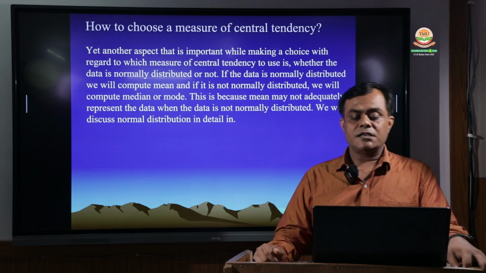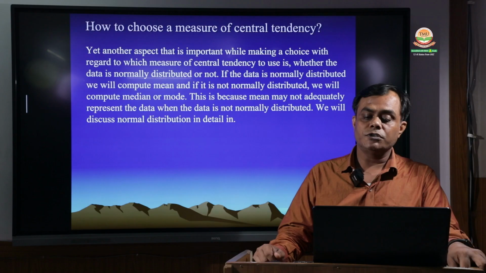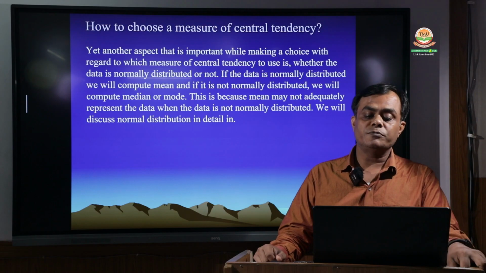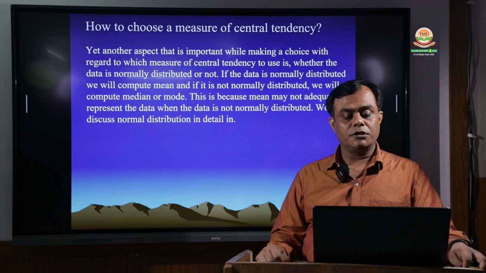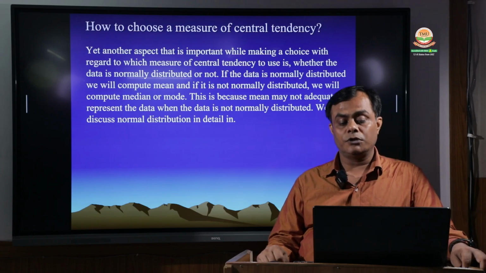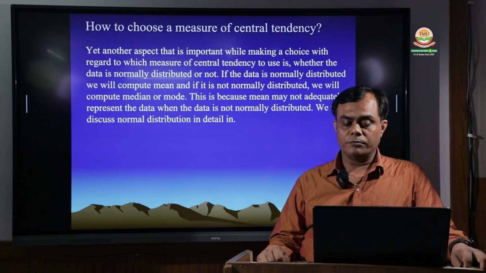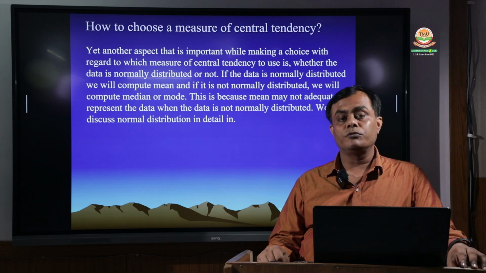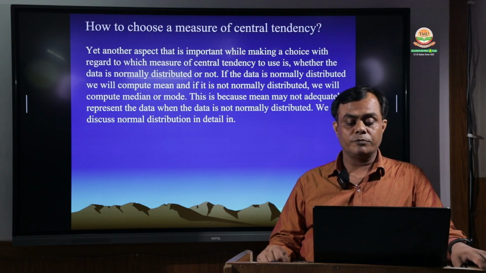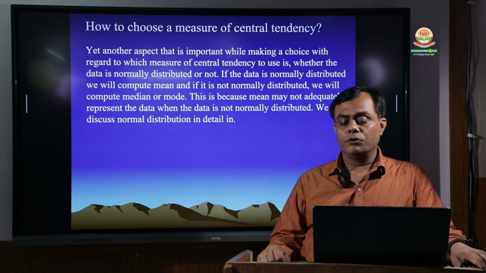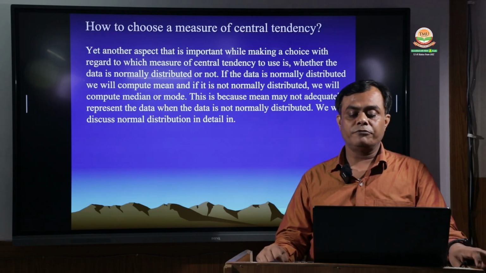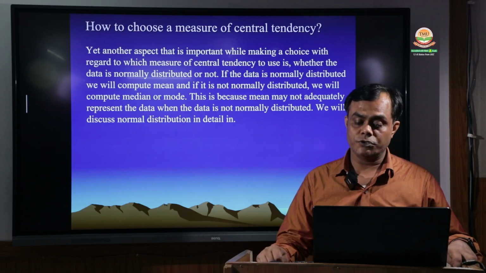Another important aspect while choosing which measure of central tendency to use is whether the data is normally distributed or not. If the data is normally distributed, we will compute the mean, and if the data is not normally distributed, we will compute the median and mode. This is because the mean will not adequately represent the data when the data is not normally distributed.